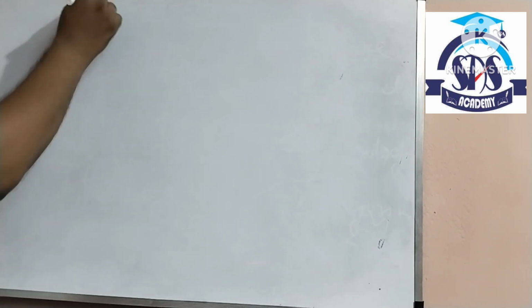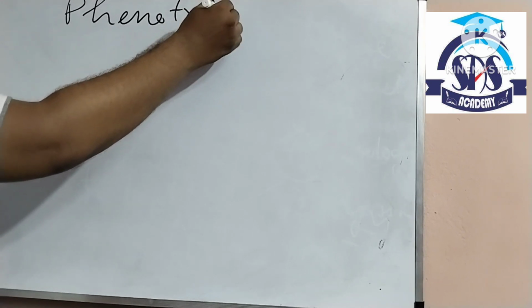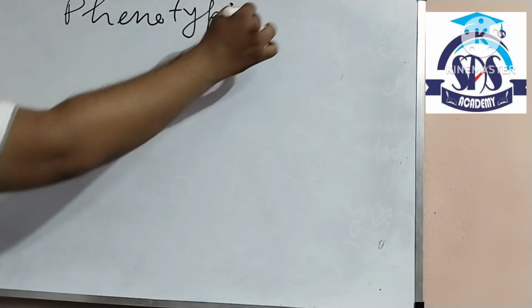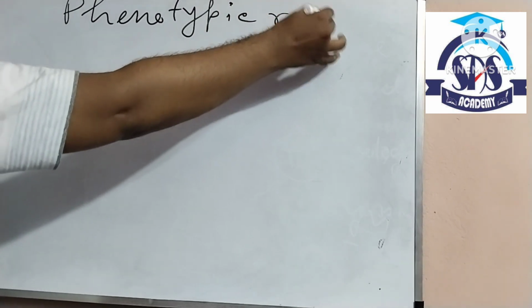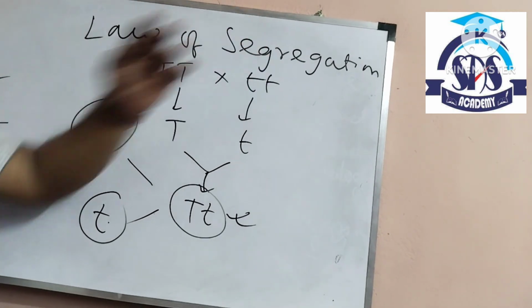That is the phenotypic ratio, that is tall. From the monohybrid cross, they put forward the law of segregation.